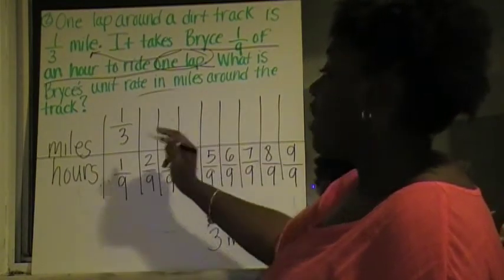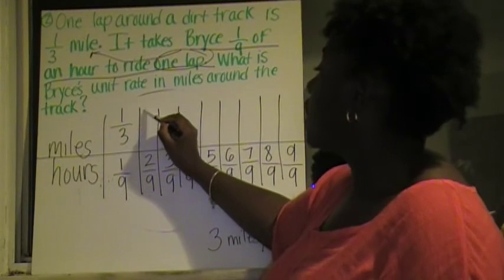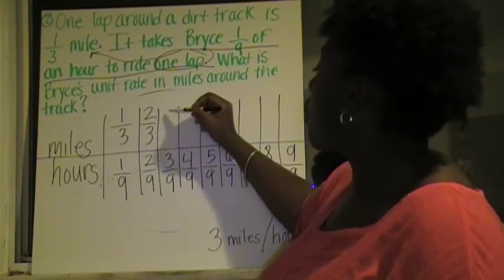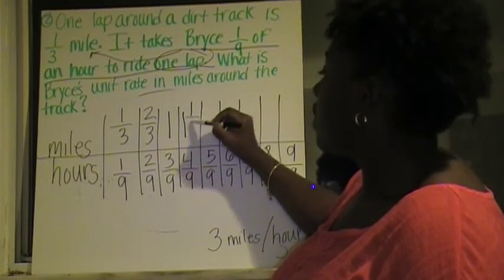So here we go. This is 1/3, 1/3 plus another 1/3, 2/3, 3/3, or 1, and 1/3.